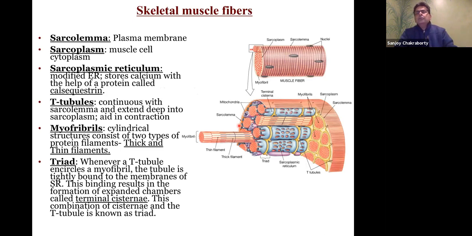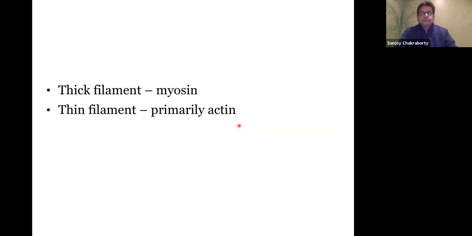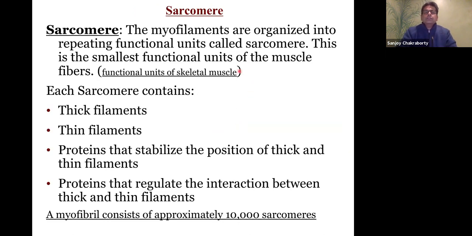Now we are going to focus on a little extra detail of one particular myofibril and see how it works. That brings us to the sarcomere. What is a sarcomere? This is the most important part of the chapter. A sarcomere is basically a repetitive small functional unit of the muscle fiber.